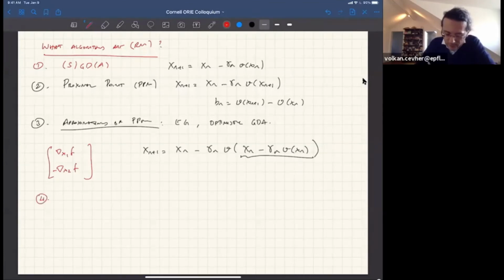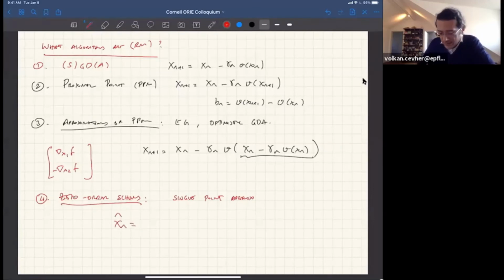So I'll just mention zero order schemes. The single point approximation scheme idea is very simple.